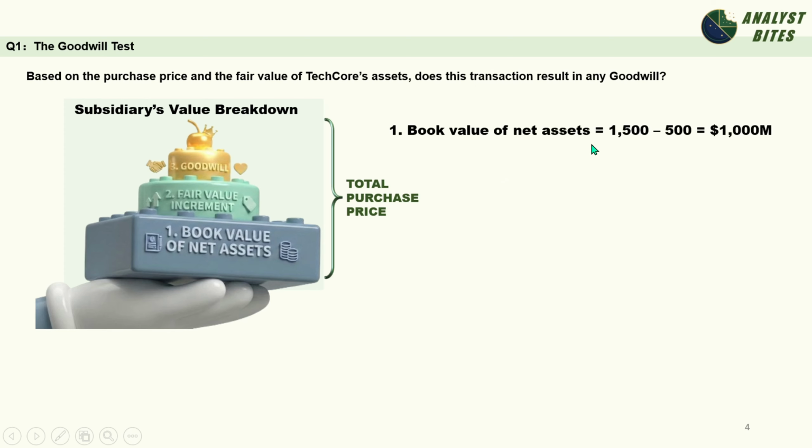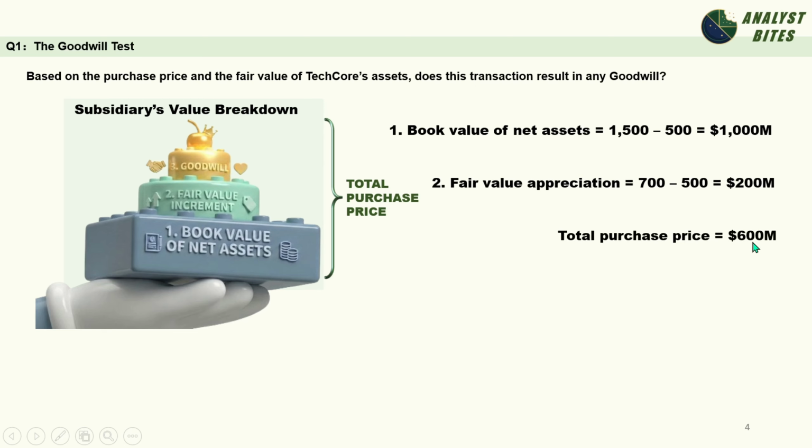First, check the book value, which is 1,000 million. It is total assets minus total liabilities. Next, the fair value adjustment. Only the fixed assets are worth more than their book value. 700 million versus 500 million, giving us an adjustment of 200 million.